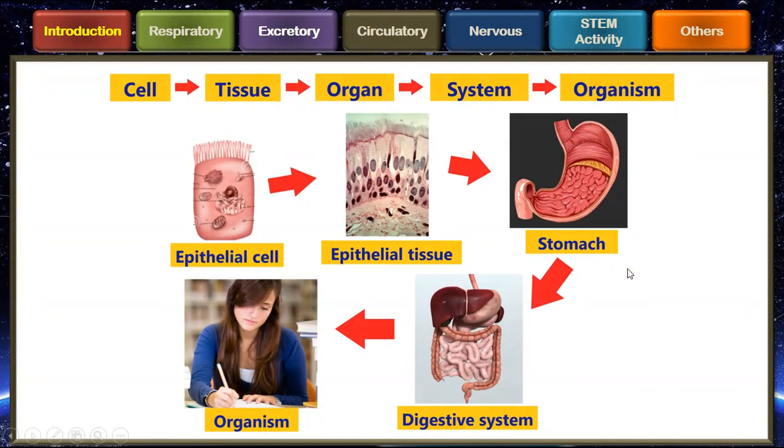The stomach is part of a system, which is the digestive system, because we use the stomach to digest food in our body. And this digestive system is part of our body, we as an organism or human being. So remember this one: the smallest unit is the cell, and the most complex one is the organism. The cell, tissue, organ, system, and organism.